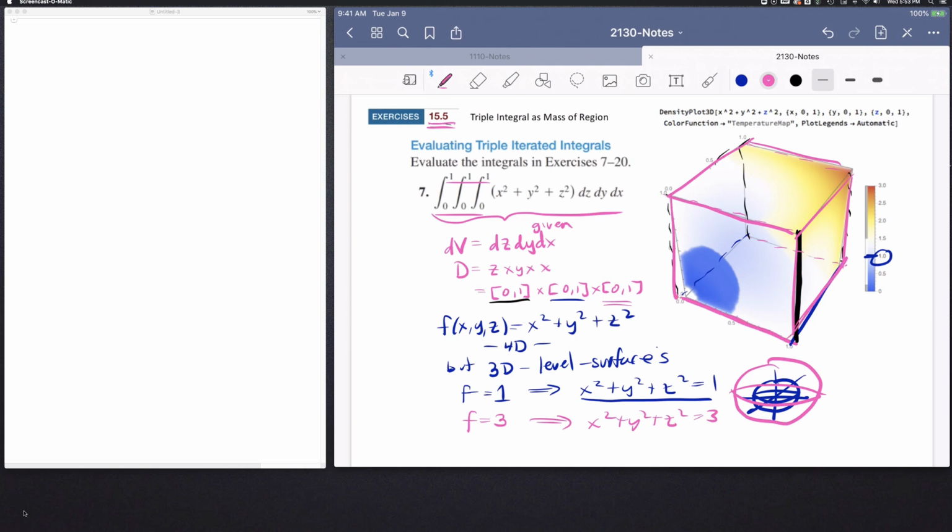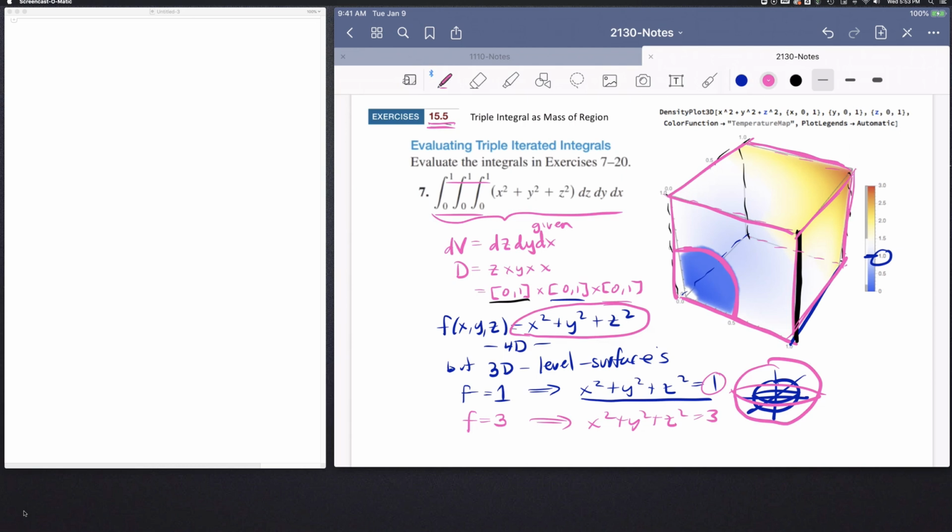And what we would be seeing would be that this cubical region here is not just a region of space, but you need to imagine that it's filled with some sort of material. And that material is given by what the function is. So when the function value is 1, we can see that this material has the same density.